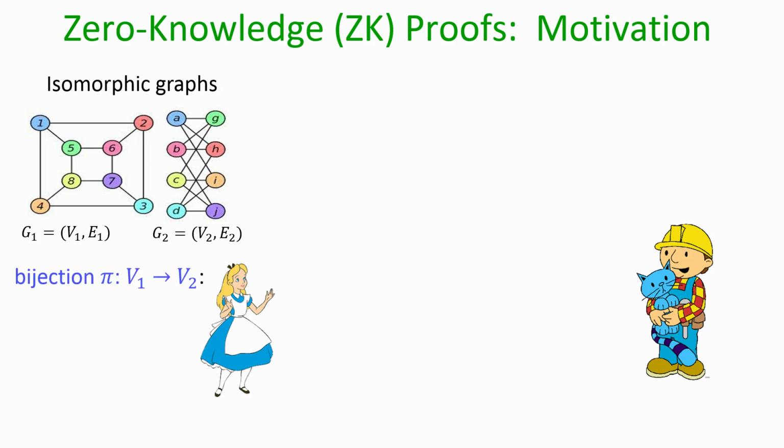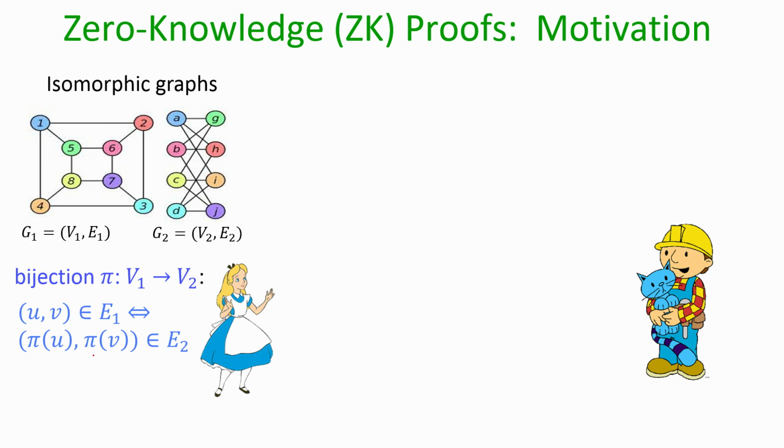What I mean by isomorphic graphs here is that for these two graphs there exists a bijection from the vertex set of the first graph to the vertex set of the second graph, and that bijection has the property that if there is an edge between the nodes u and v in the first graph, then in the second graph there exists an edge between the mapped u and the mapped v.